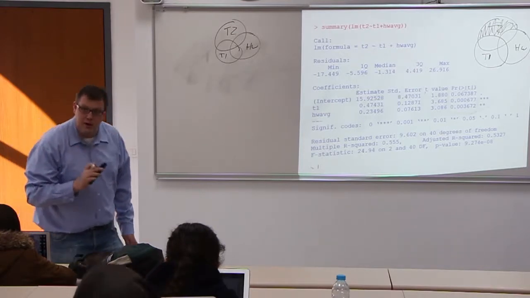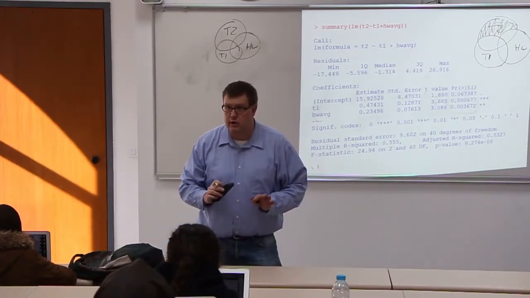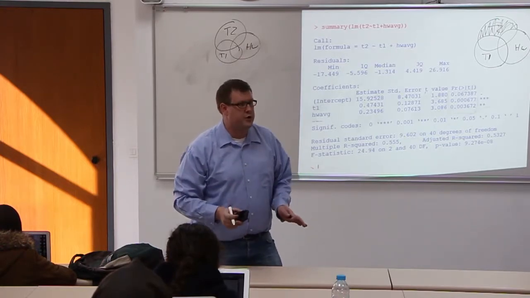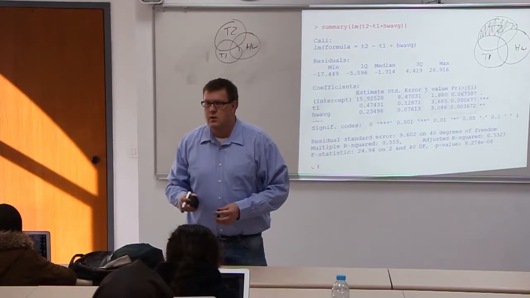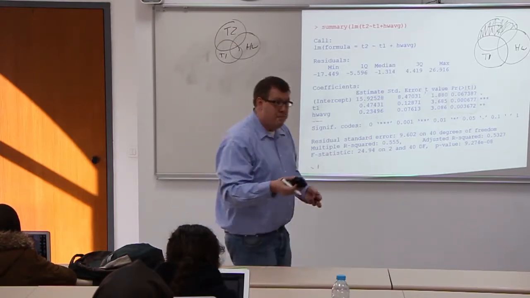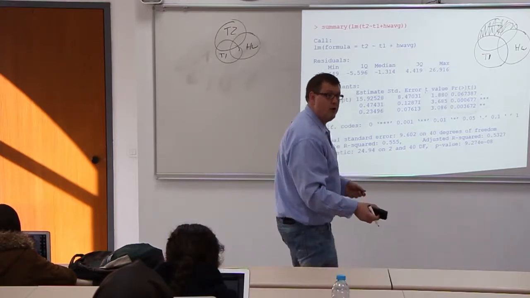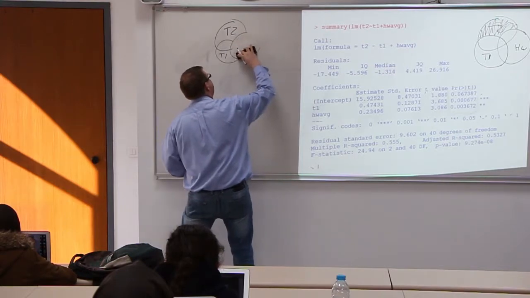Now this is a partial regression coefficient. It's not a semi-partial regression coefficient. It's a partial regression coefficient. Which means that we have done what? We have controlled for homework. It's as if we set homework to be constant. We're not allowing this to vary.